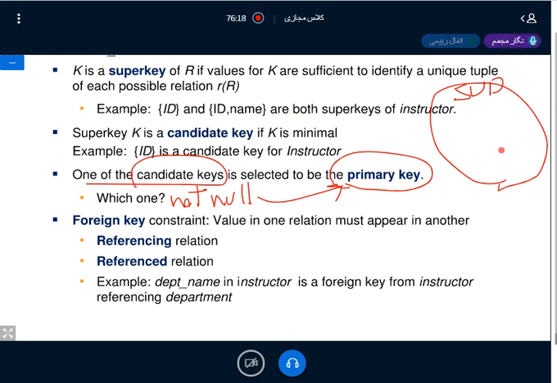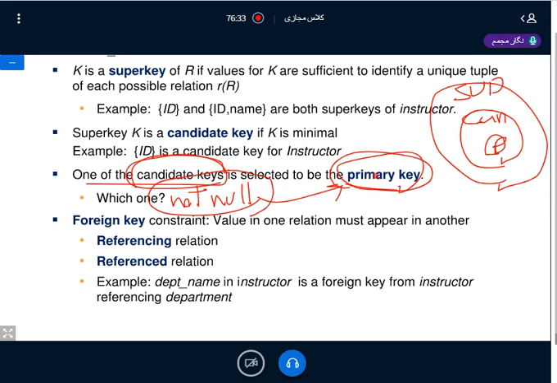Let me show it here. This is a candidate key, and the primary key is here. A primary key is a candidate key that is not null. A candidate key is a super key that is minimal. But a foreign key does not depend on the super key. A foreign key is an attribute that we can use to refer to another table.